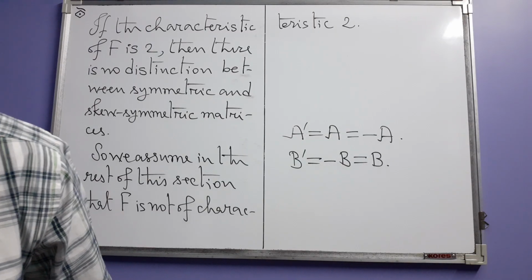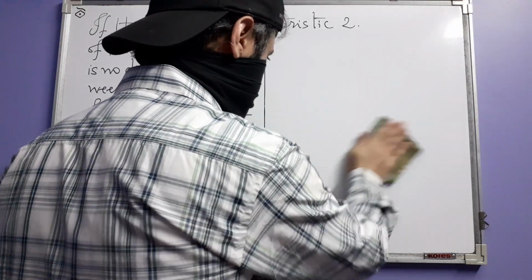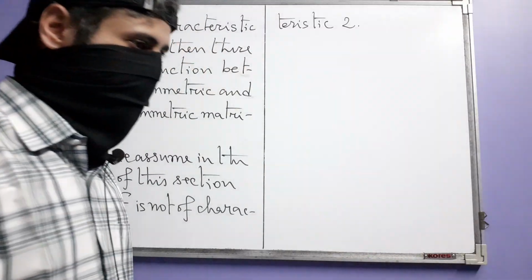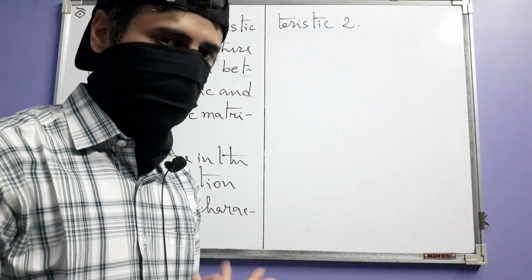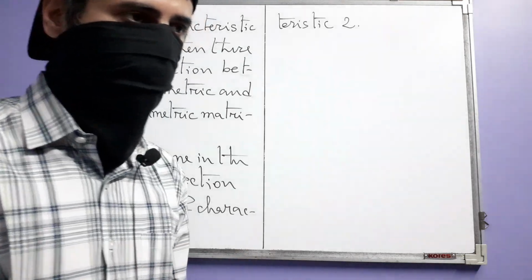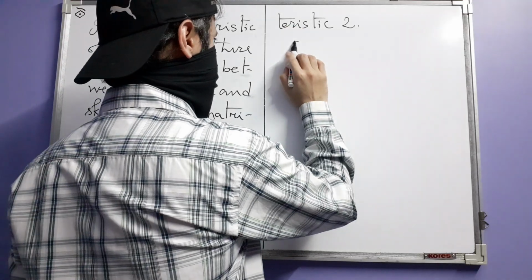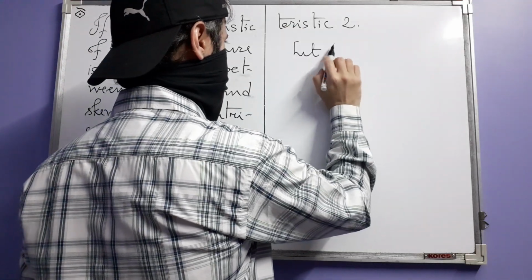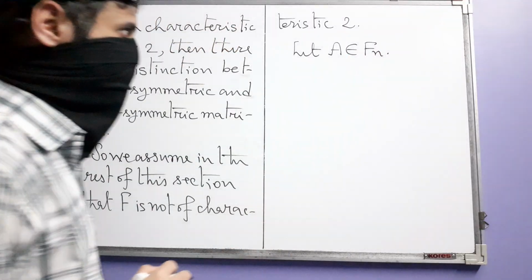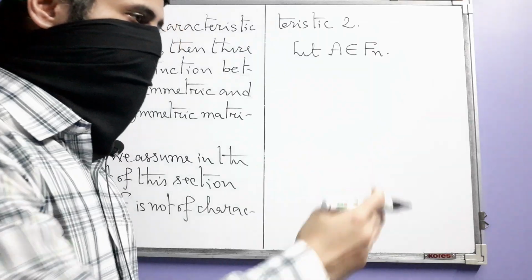Now let us see how we can create symmetric and skew symmetric matrices. Instead of blindly looking for examples of symmetric and skew symmetric matrices, is there a systematic way of producing them? Yes, there is. Let A be any element in F^(n×n). We are now going to express A as a sum of two matrices.